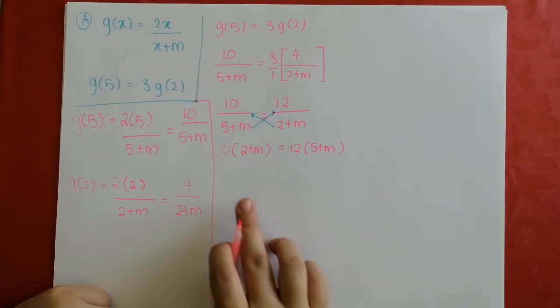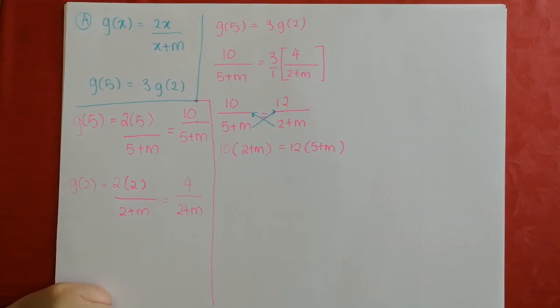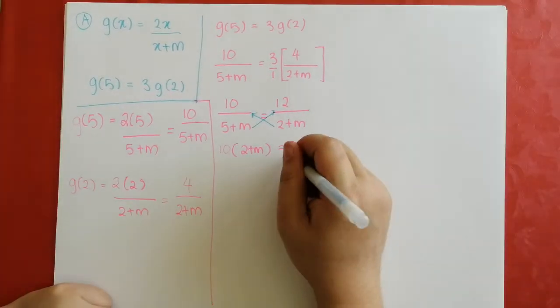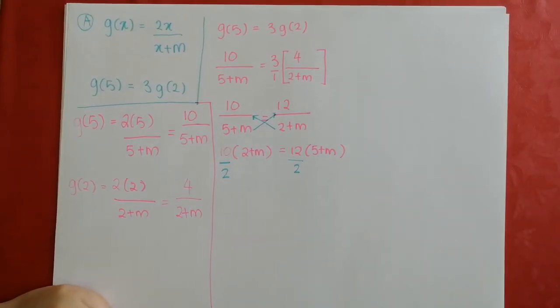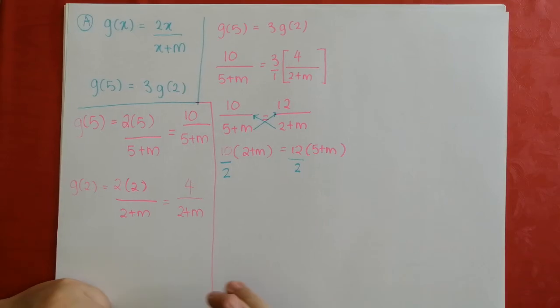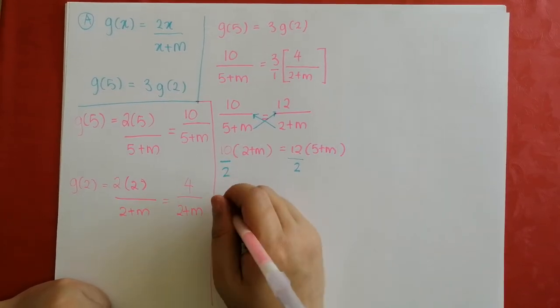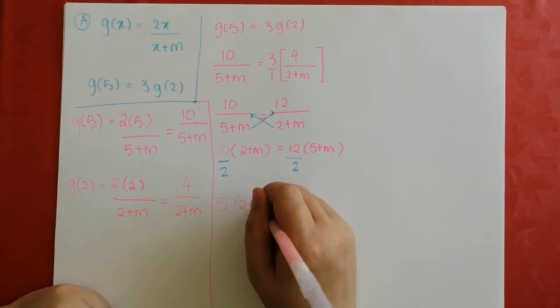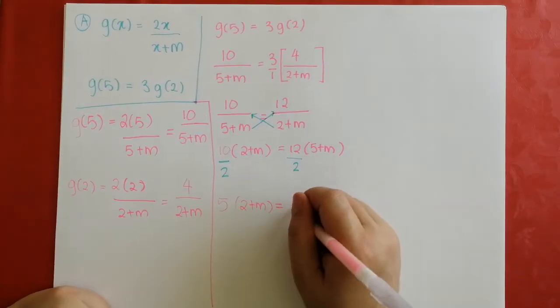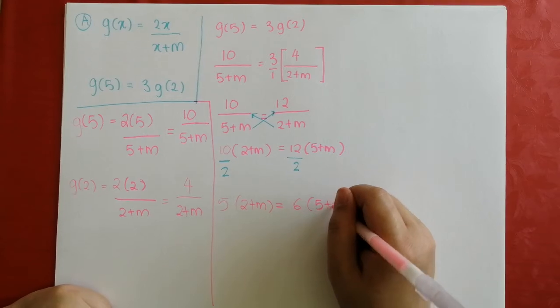If you notice, 10 and 12 can both be divided by 2. So if you divide both sides by 2, you will have 10 divided by 2 is 5, bracket 2 plus m, is equal to 6 bracket 5 plus m.